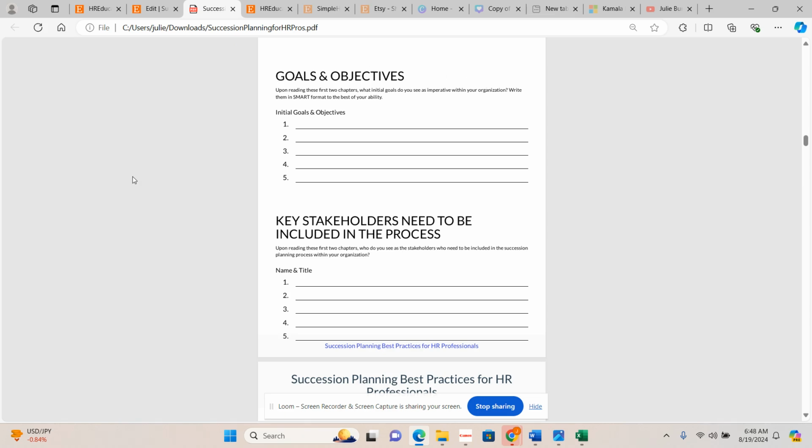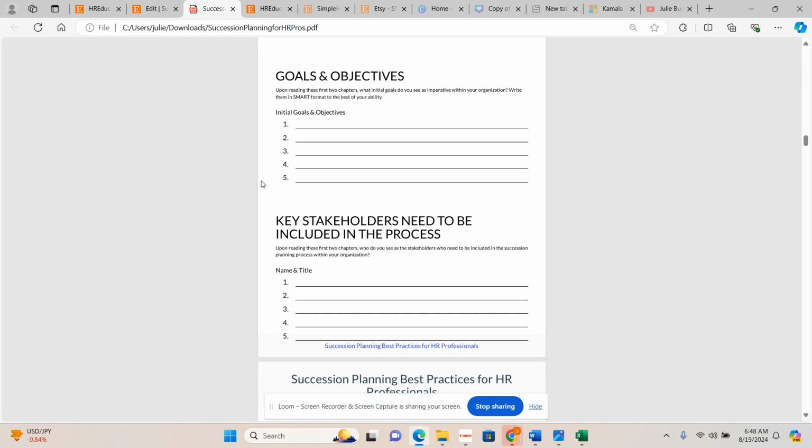Key stakeholders need to be included in the process. Number 1, hands down, you've got to get their buy-in from the get-go. They're going to be the ones who, more than likely, in my experience, I've always had them roll it out with a type of communication, whether at the beginning of a meeting or whatnot, but they were the ones who really held the torch with this and really led it.